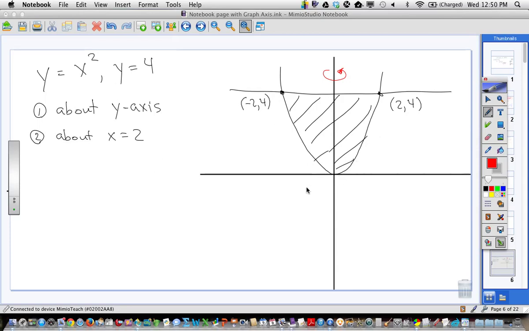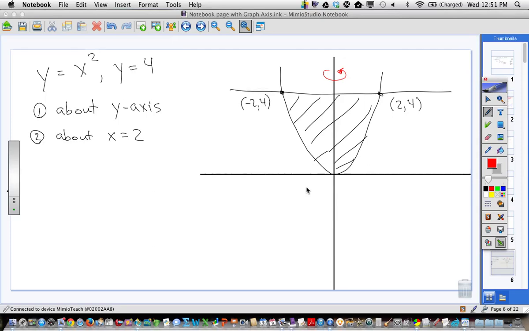Now, the next question is, and this is the order you ask these questions yourself. First you get the region, then you say, okay, I'm revolving it. One of the very first questions you ask then is: is this horizontal or vertical strips? Horizontal, it's got to be, because like I was saying earlier, if your axis of revolution is horizontal, the strips have to be vertical.